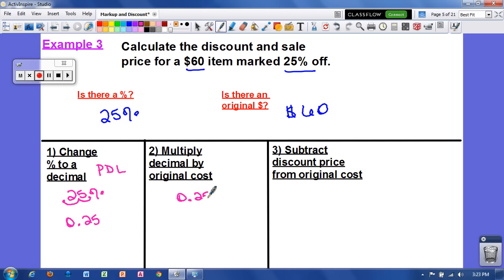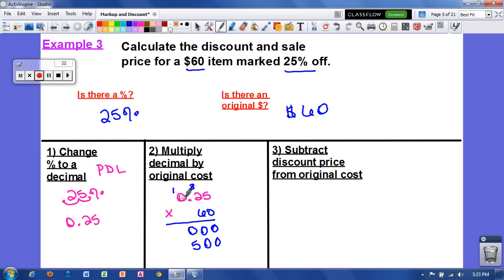Now I want to multiply that decimal by the original cost. So I will have 0.25 times $60. Alright, 5 times 0 is 0. 2 times 0 is 0. 0 times 0 is 0. I'm going to put my placeholder here. 5 times 6 is 30. Carry the 3. 2 times 6 is 12, plus 3 is 15.